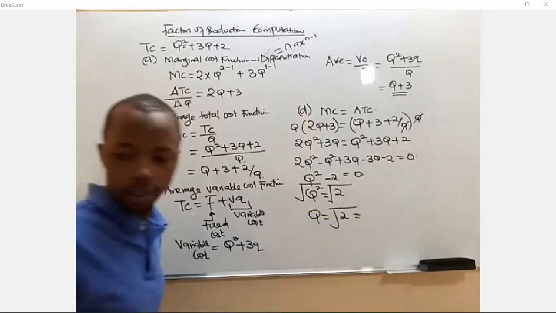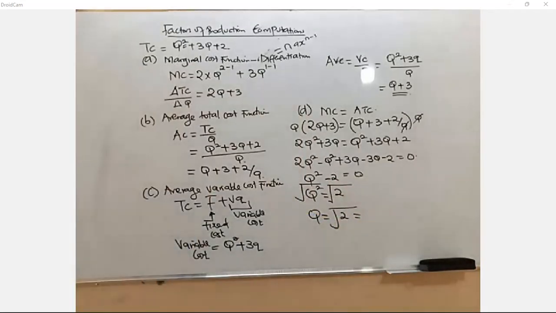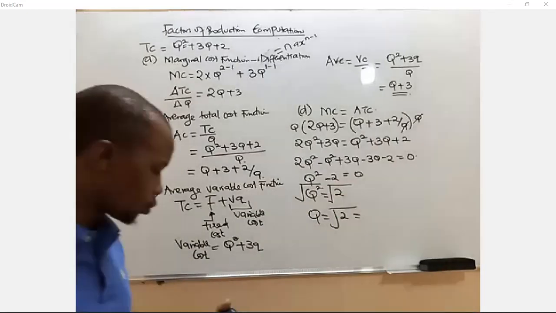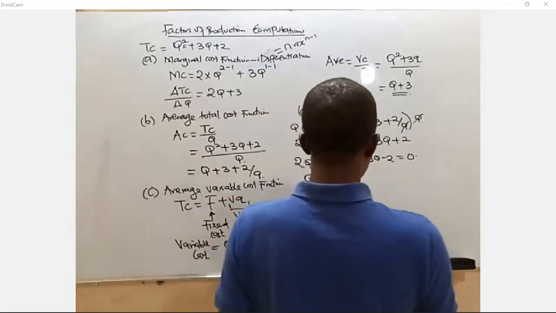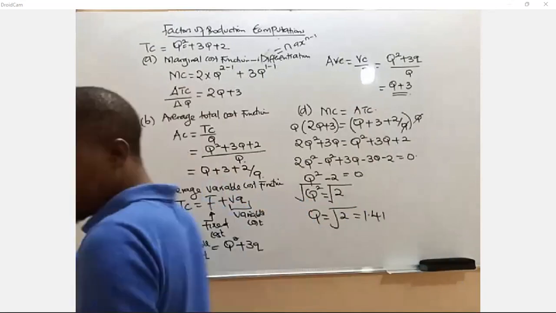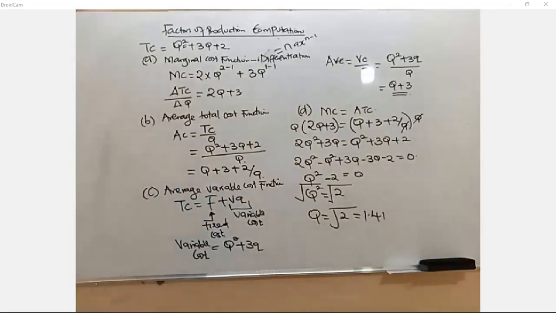How much is the root of 2? In this case, the number of units which minimizes all that should be equal to 1.41. Yes, that is the answer for Q.